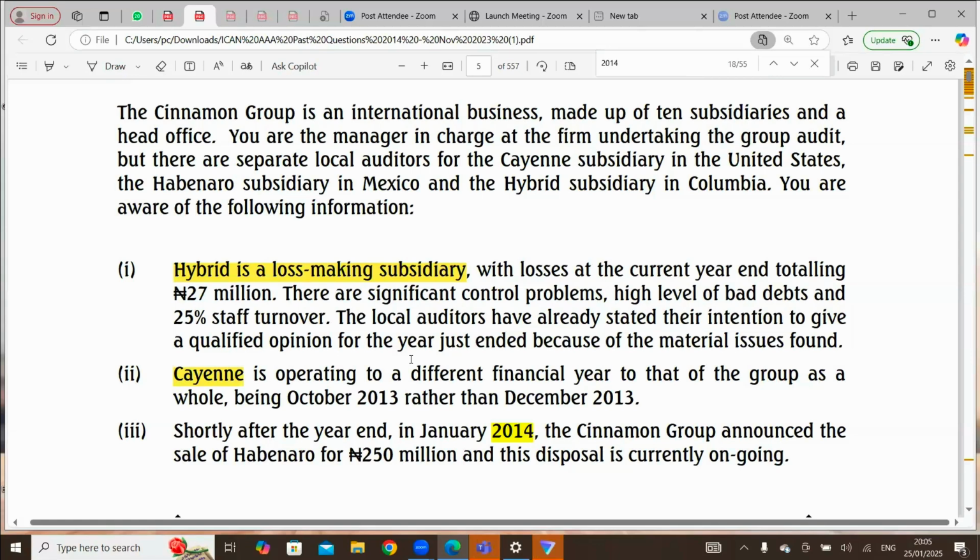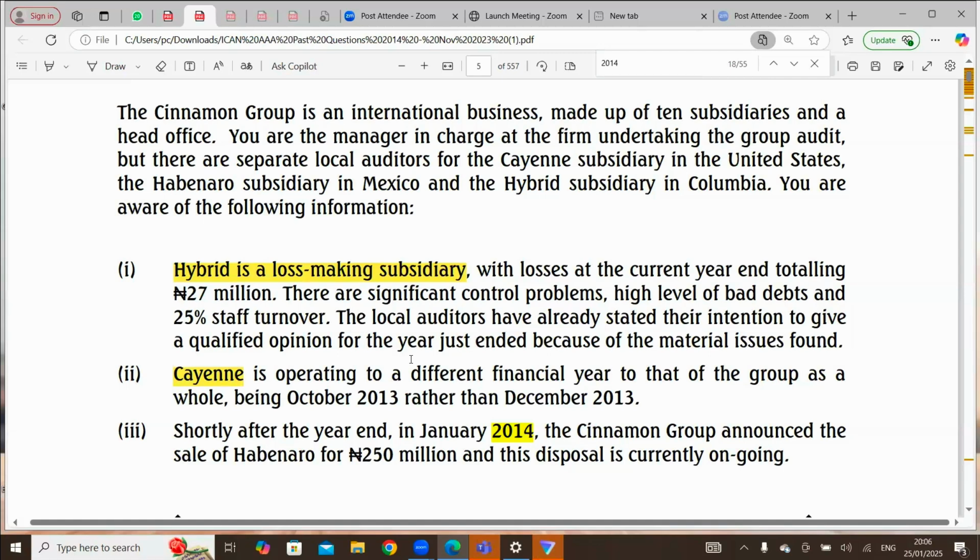A letter of comfort is a letter sent by the parent company stating that in the event of a loss materializing in a subsidiary, they will provide sufficient cover. So it is sent from the parent company to the subsidiary company.